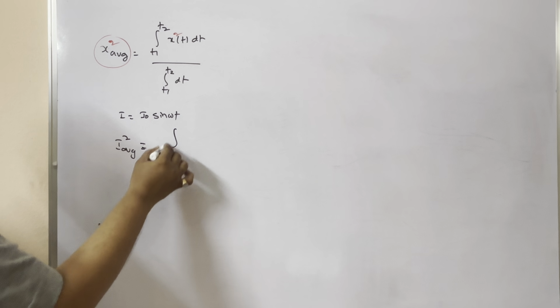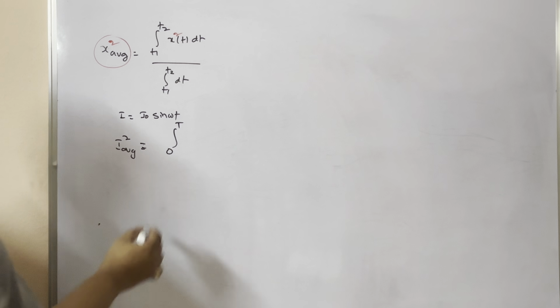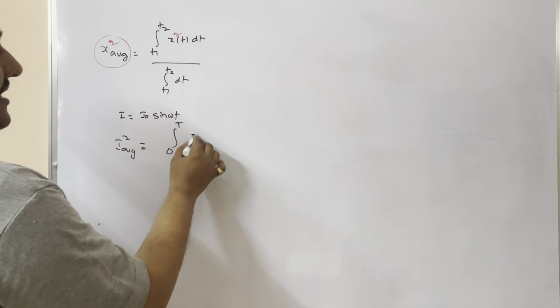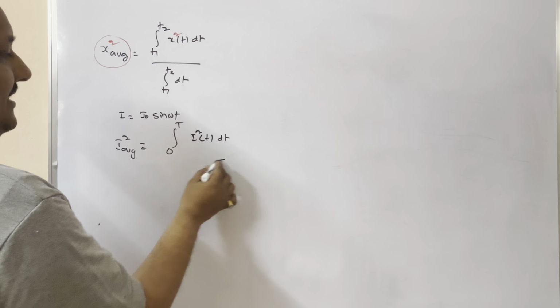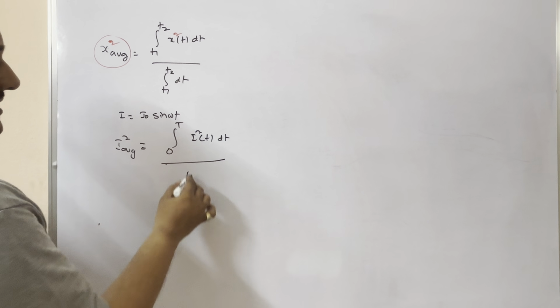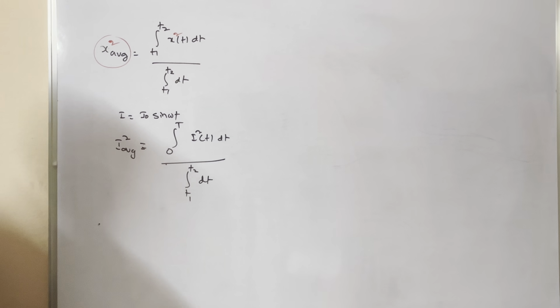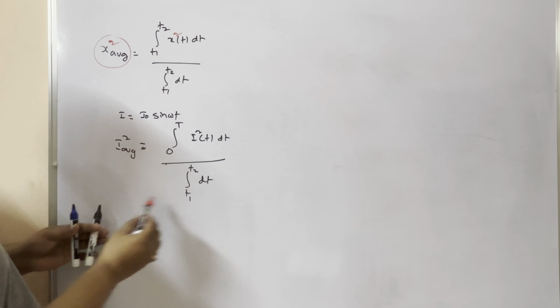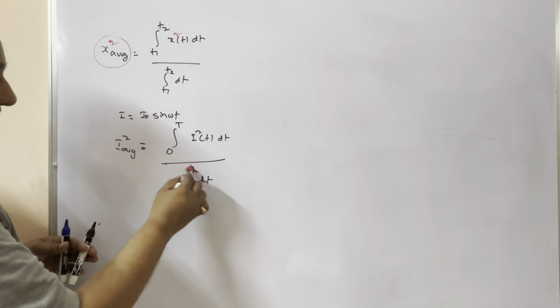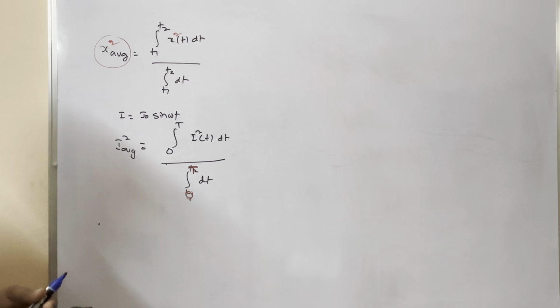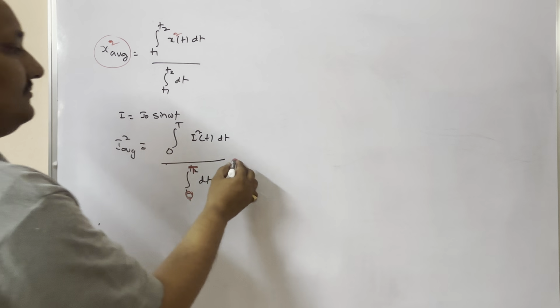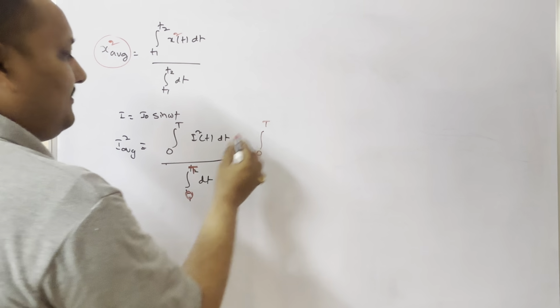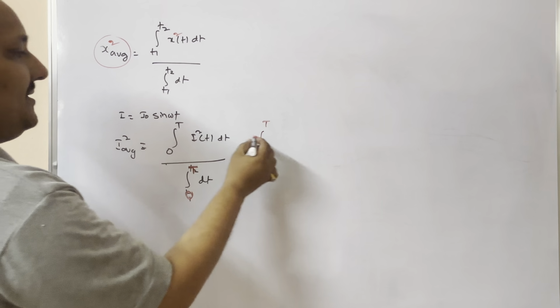So, I am calculating between interval 0 to T. So, I square t dt by dt between the limits t1 to t2, that means 0 to T. Already we want to calculate between the limits 0 to T. So, 0 to T, I square t means what you will be getting here?